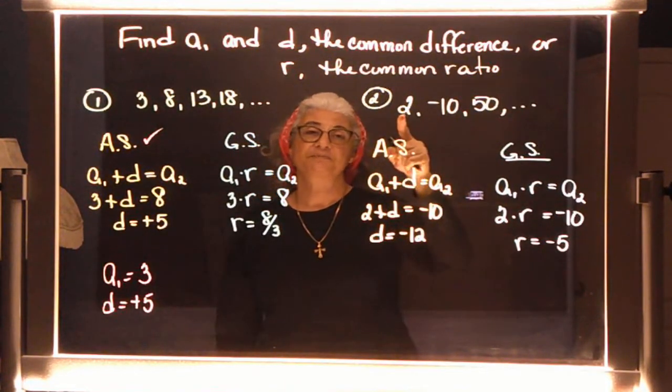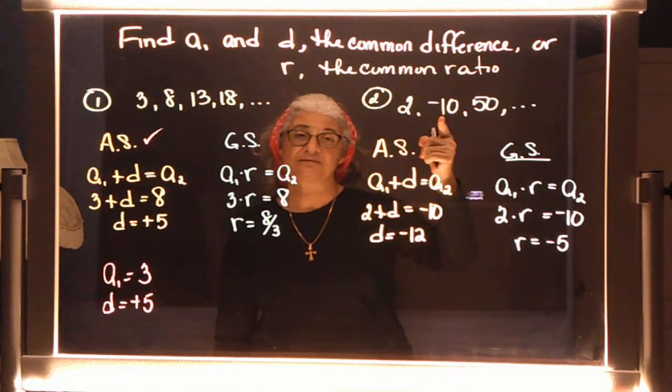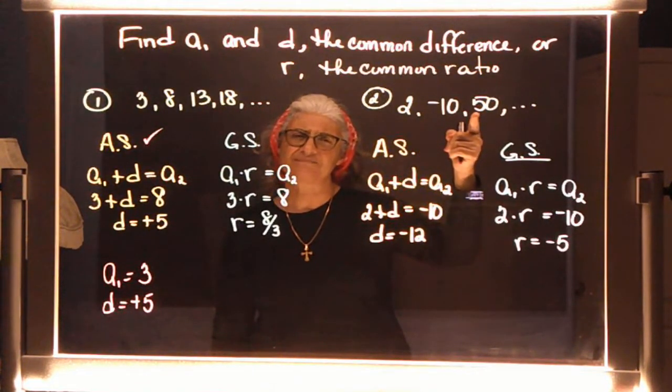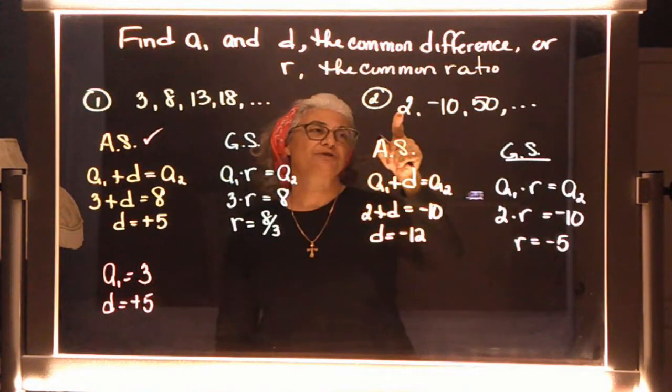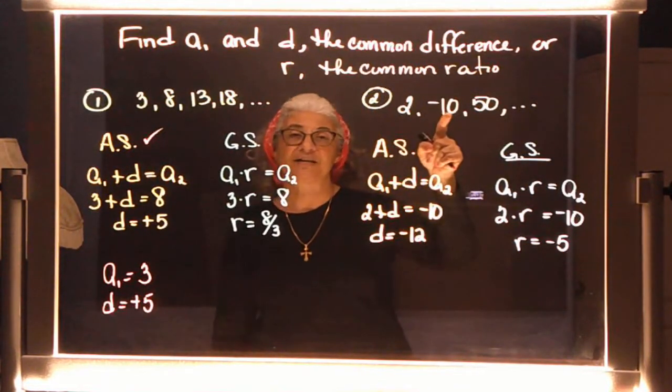The first term, if I add negative 12, I get the second term of negative 10, correct? If I take the second term of negative 10 and add negative 12, do I get positive 50? Yeah, no, that's not working very well. How about over here? I take the first term of 2, multiply by the common ratio of negative 5, do I get negative 10?